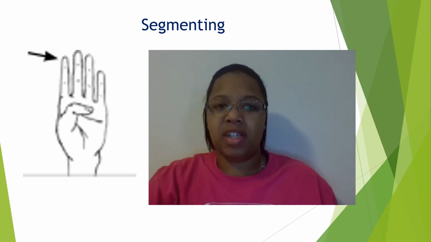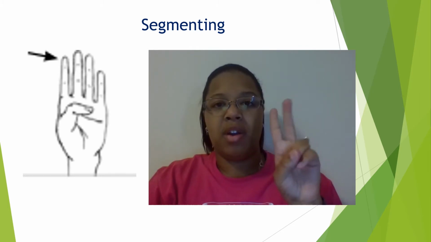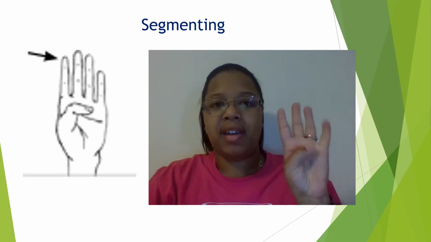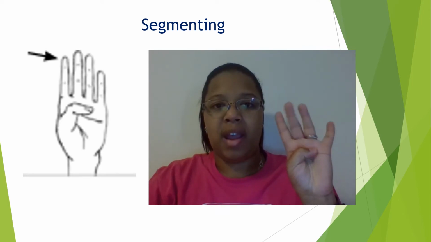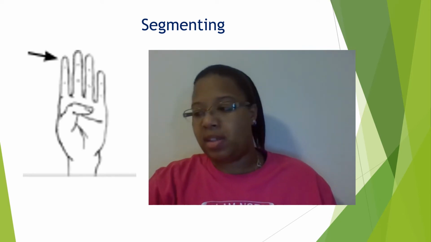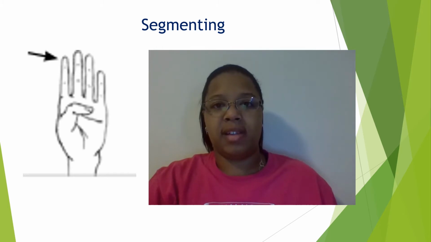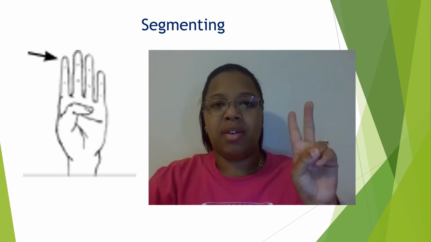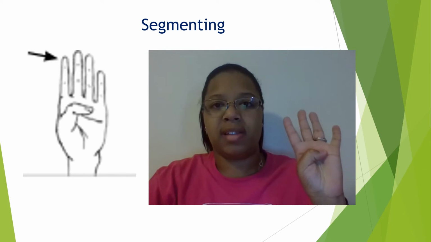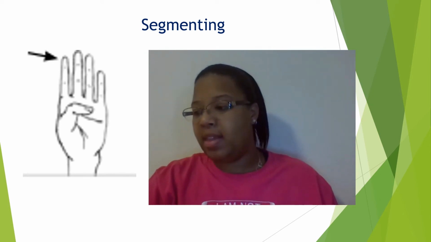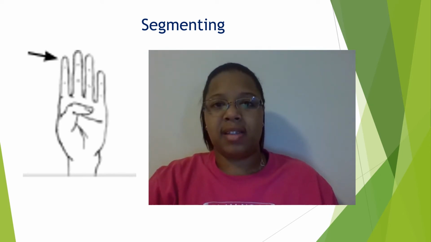Pay close attention. G, r, a, d. G, r, a, d. Grade. The next word is dress. D, r, e, s. D, r, e, s. Dress. The next word is socks.